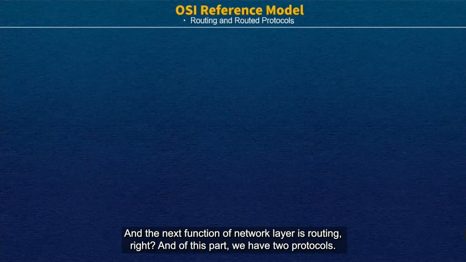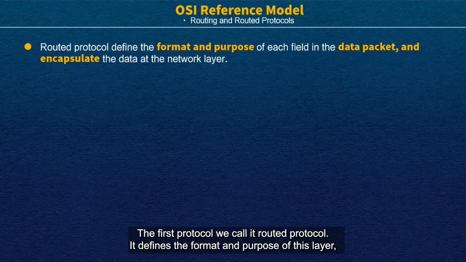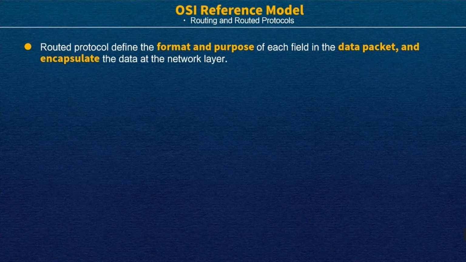And the next function of the network layer is routing, right? For this part, we have two protocols. The first protocol we call the routed protocol, and it defines the format and purpose of this layer. For example, what information should be added when we do the encapsulation of the network layer?